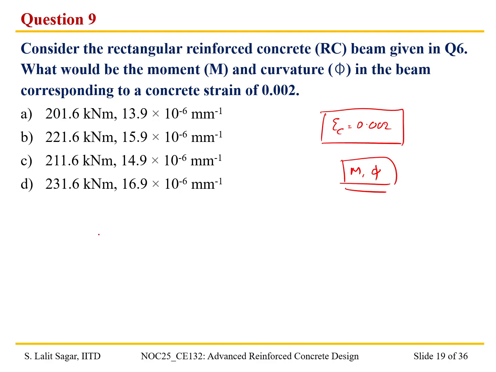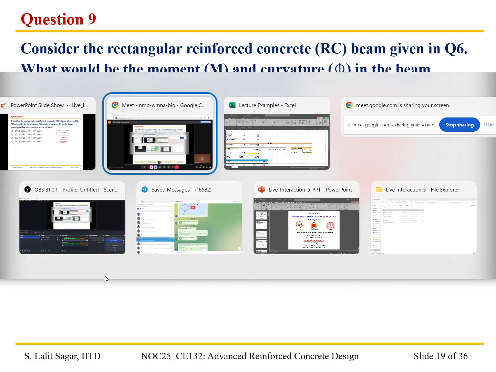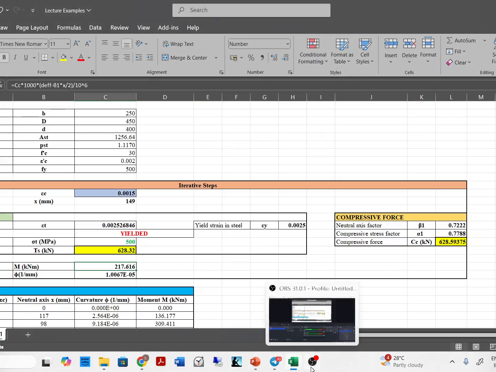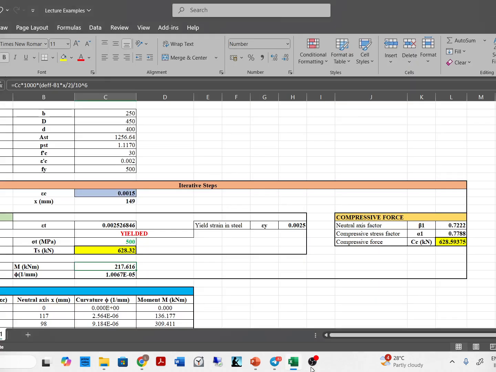Let us go back to the Excel sheet and try to find out the value of x where both the compressive and the tensile forces are able to balance. Now epsilon c is equal to 0.002, right?